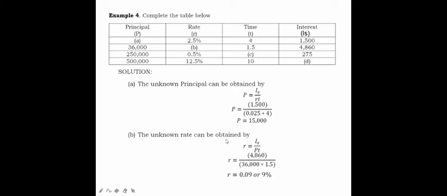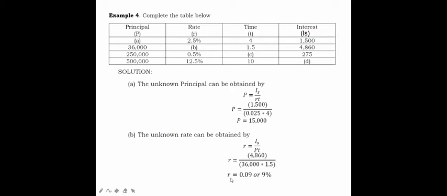The unknown rate can be obtained by the formula R equals I sub s divided by the product of the principal and the time. Let's substitute the given values: I sub s is 4,860 divided by the product of the principal, 36,000, and the time, 1.5. So 4,860 divided by 36,000 times 1.5.